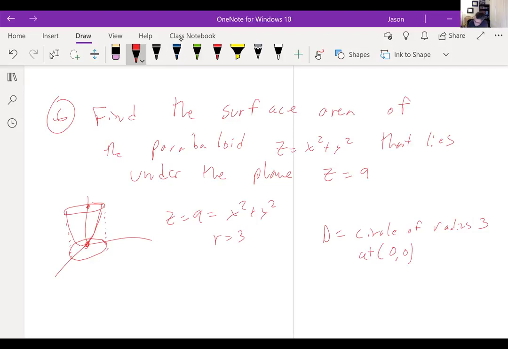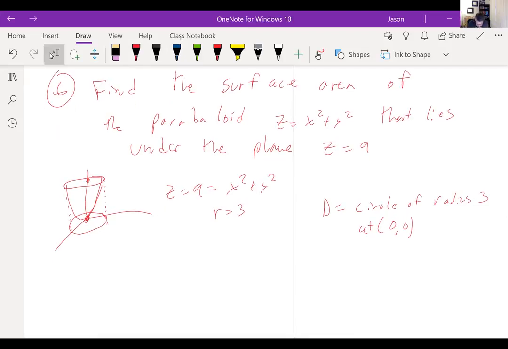Not necessarily the circle, but the disk of radius 3, because we want everything in between. So x squared plus y squared is less than or equal to 9. That's my domain.